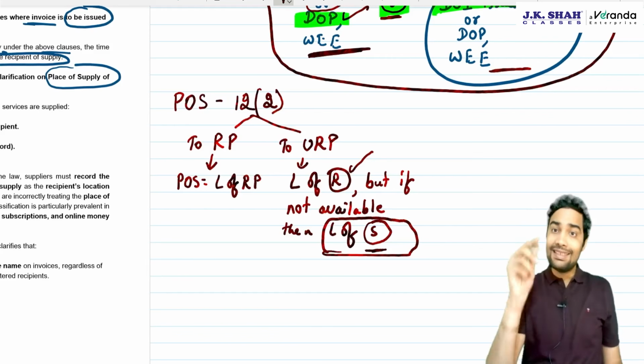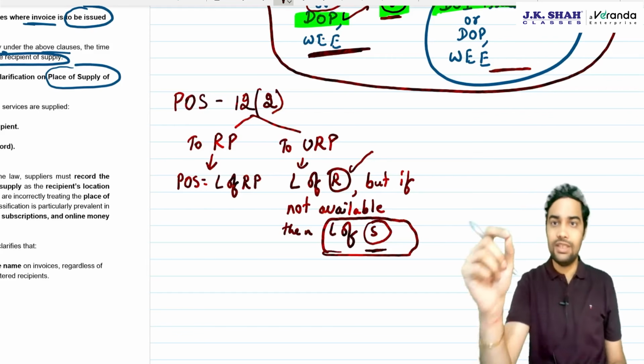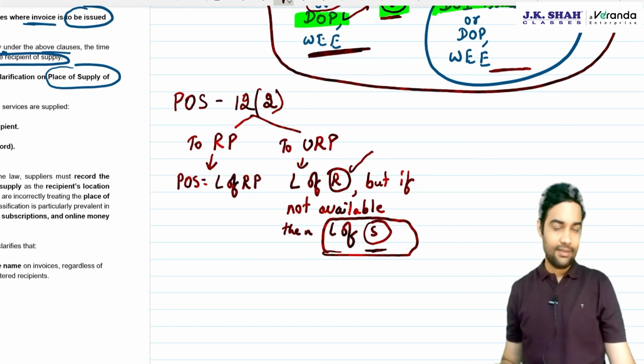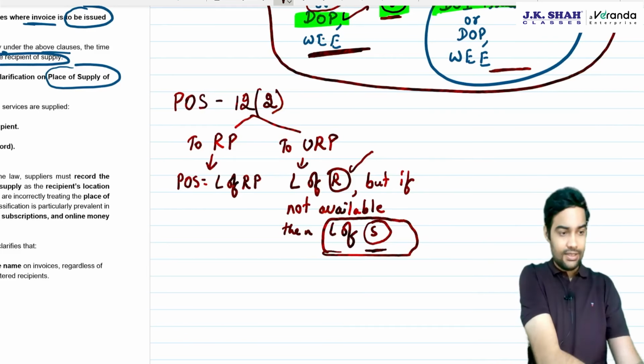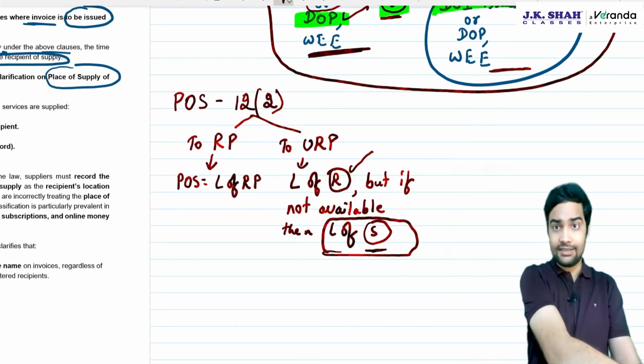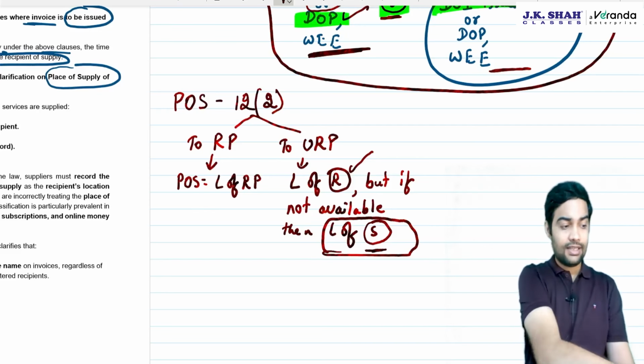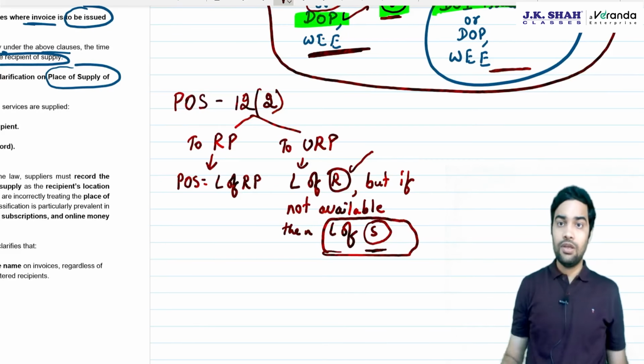The problem is the tax is not flowing to the recipient state correctly. Correct. Recipient state should get the tax, right? Now the recipient state was not getting the tax in this case. Then what should be done?